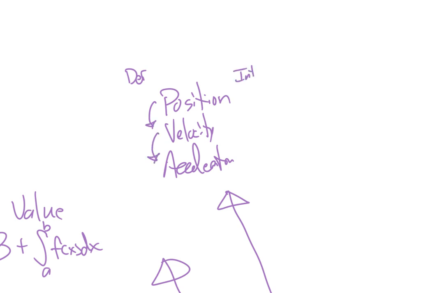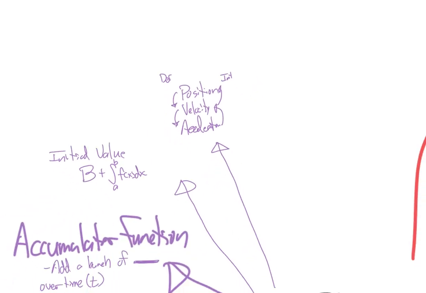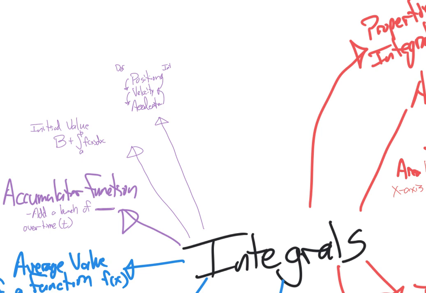But if we take the integral of acceleration is velocity, and the integral of velocity is position. So that allows us to, again, accumulate a bunch of velocity to determine a position over time. And that's one specific application we've done some problems and we'll continue to do some problems on.